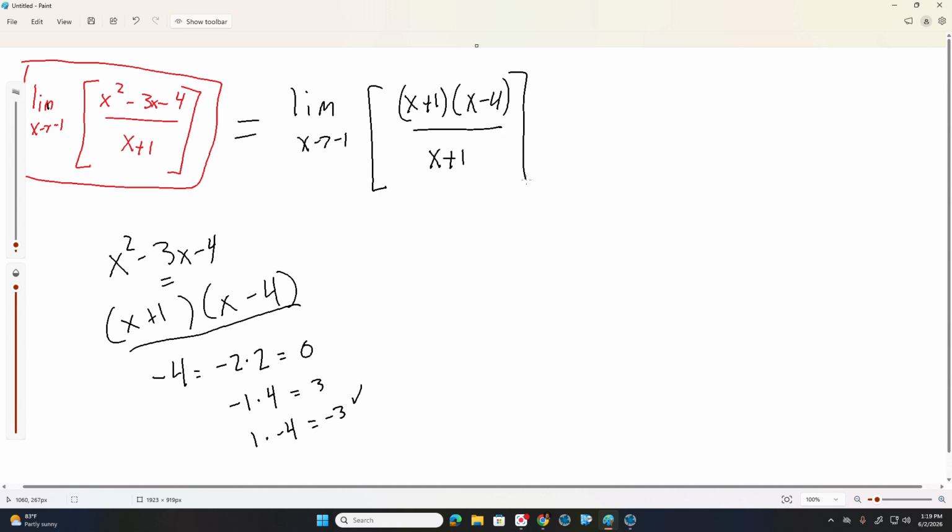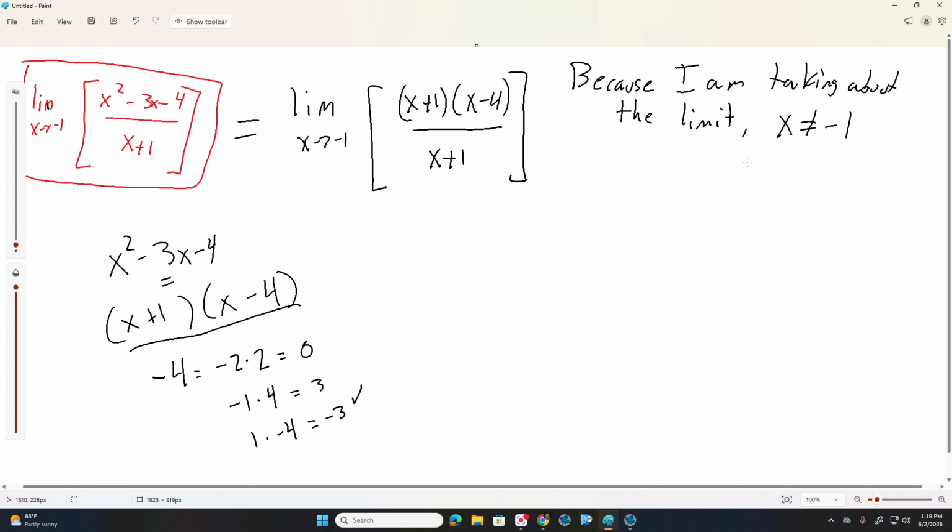And that rule, normally you can't do this, but because, and let me emphasize this, because I am talking about the limit, x does not equal negative 1, therefore x plus 1 does not equal 0, I am not dividing by 0.